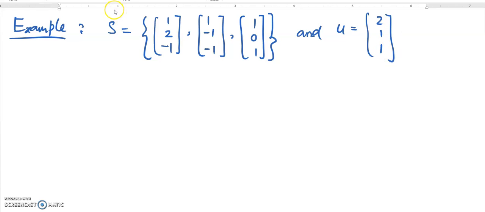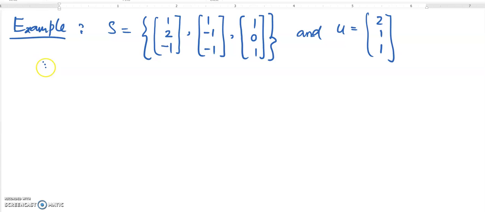We have to verify that S is an orthogonal basis for R3, and use this to write U as a linear combination of the given basis vectors. So this is an orthogonal set, 1 2 minus 1, 1 minus 1 minus 1, 1 0 1. This is the same set which we have to verify first.